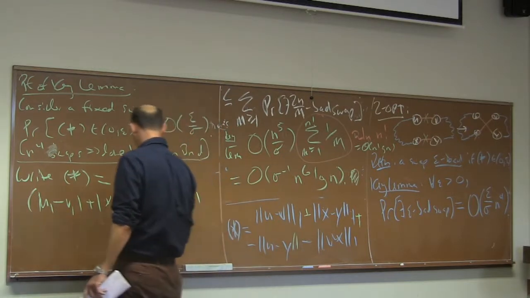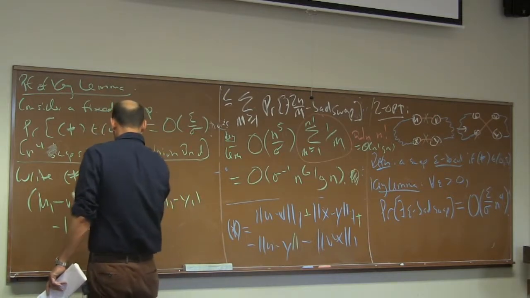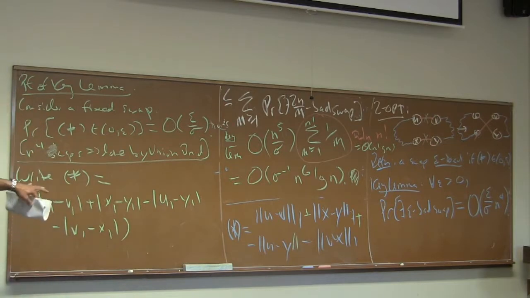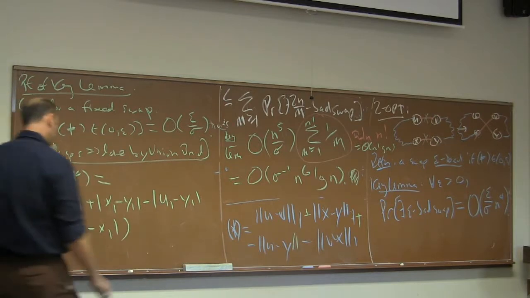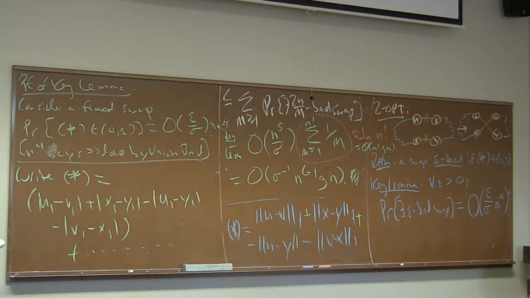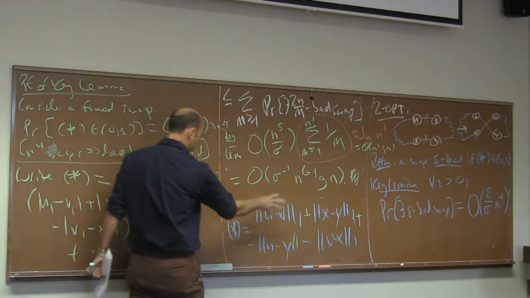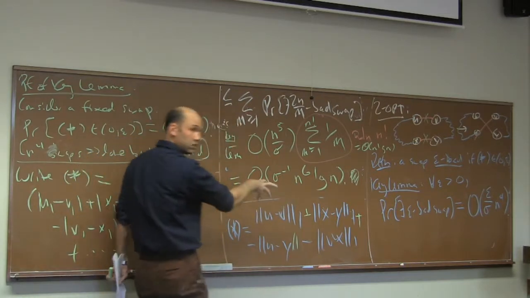So in terms of the coordinates, we have these 4 absolute values from the first coordinate, plus exactly the same thing with all of the subscript 1s replaced by subscript 2s. So this is what we're trying to analyze. The key lemma is all about trying to get a handle on the distribution of this number.